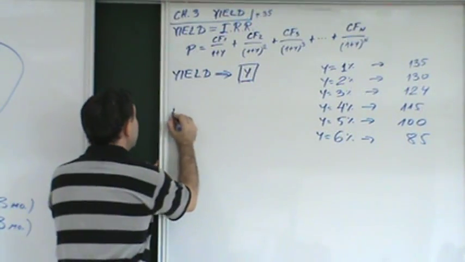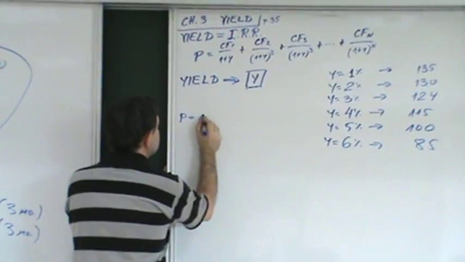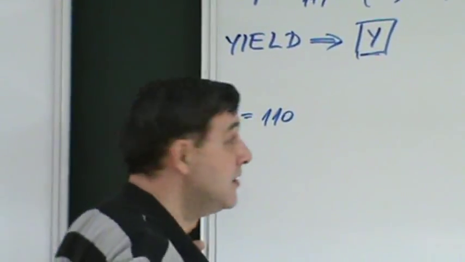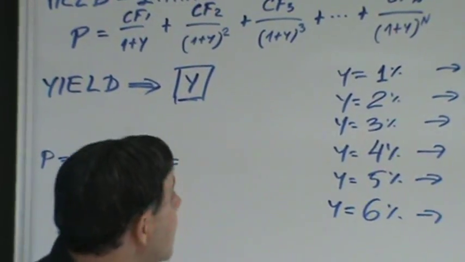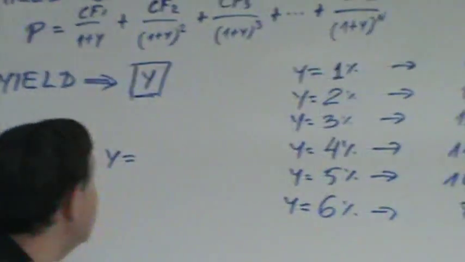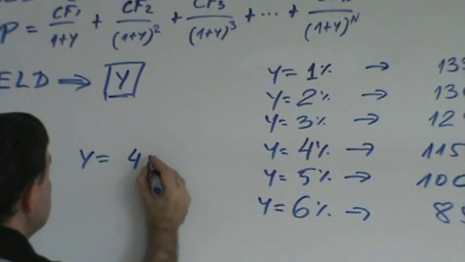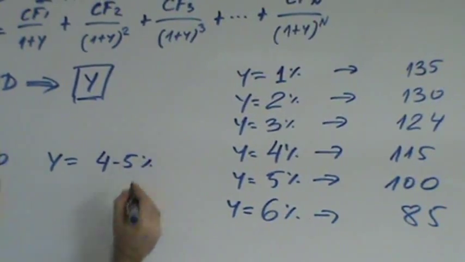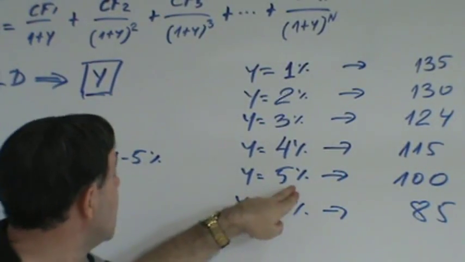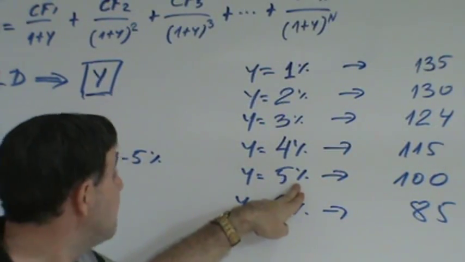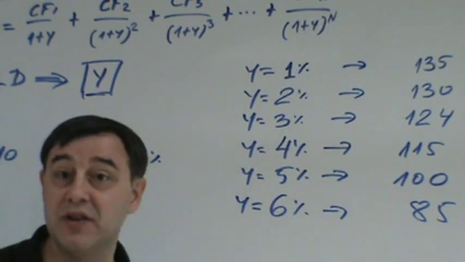So I say, if price is equal to 110, then how much is the yield? Well, if the price is 110, the yield will be between 4 and 5%.